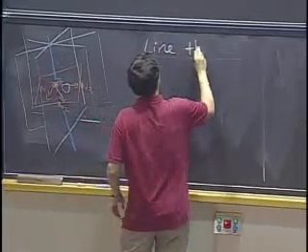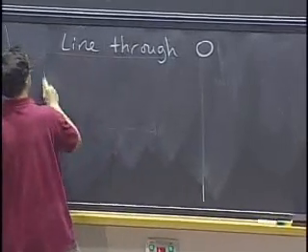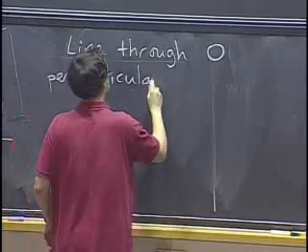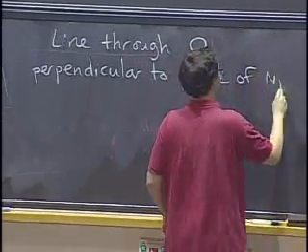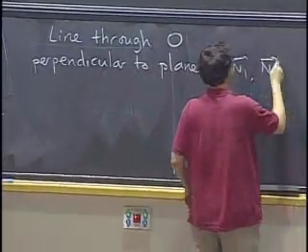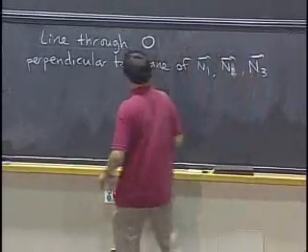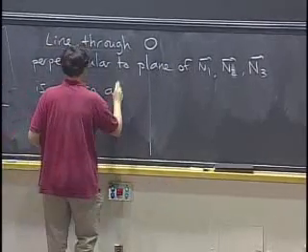So the line through the origin and perpendicular to the plane of n1, n2, and n3 is parallel to all three planes.